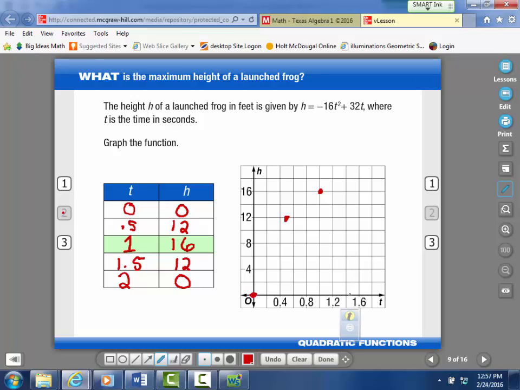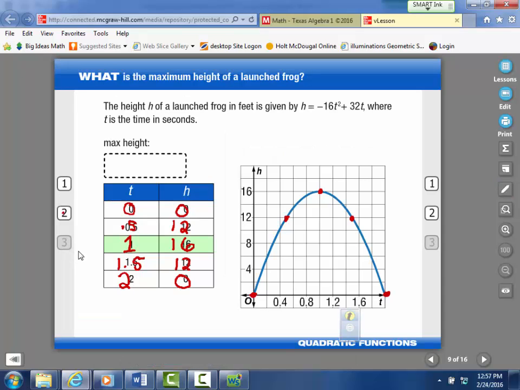And then 1.5, there's 1.4, 1.5 would be here. And then 2 out here is back at 0. Okay. All right. So we've plotted our points. And there's our graph. Let me go ahead and clear my writing off of theirs.